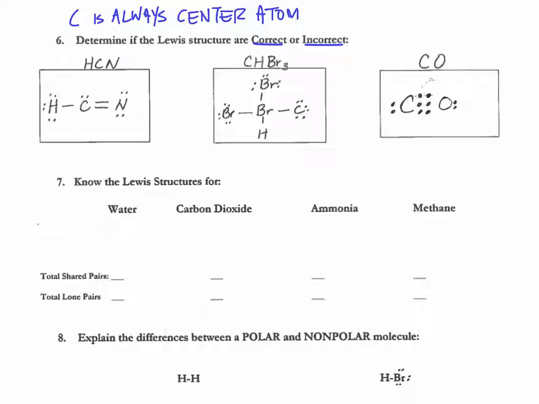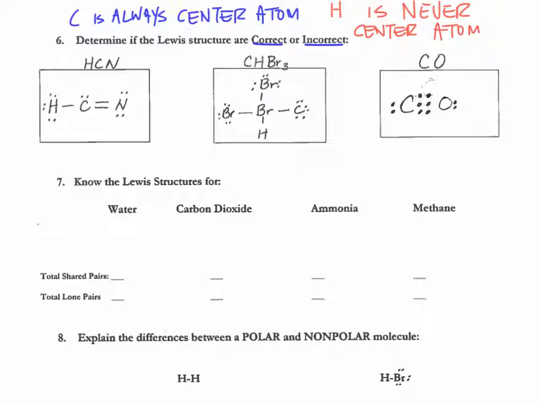Hydrogen is never a center atom. And all atoms need 8 valence electrons except for hydrogen. Hydrogen only needs 2. So we're going to look at the position of the atom and count the electrons.